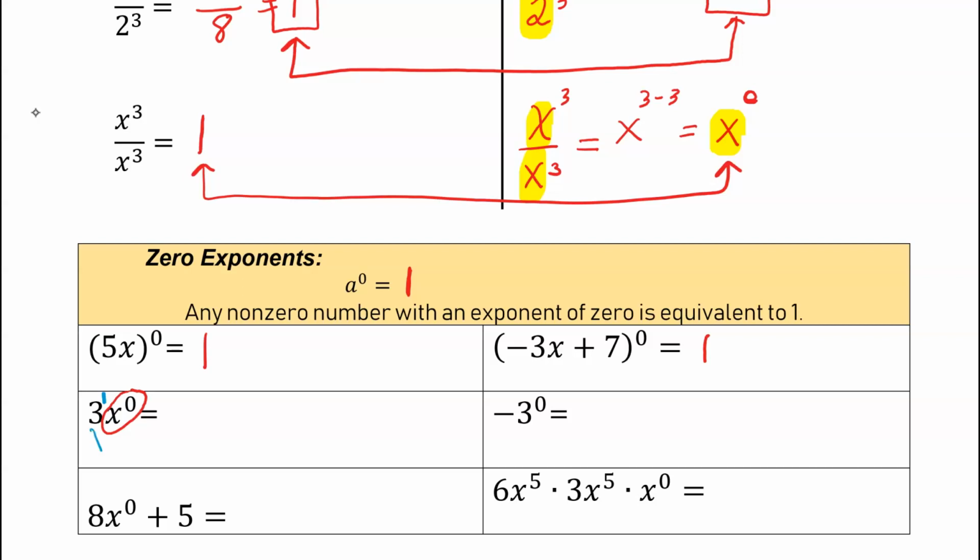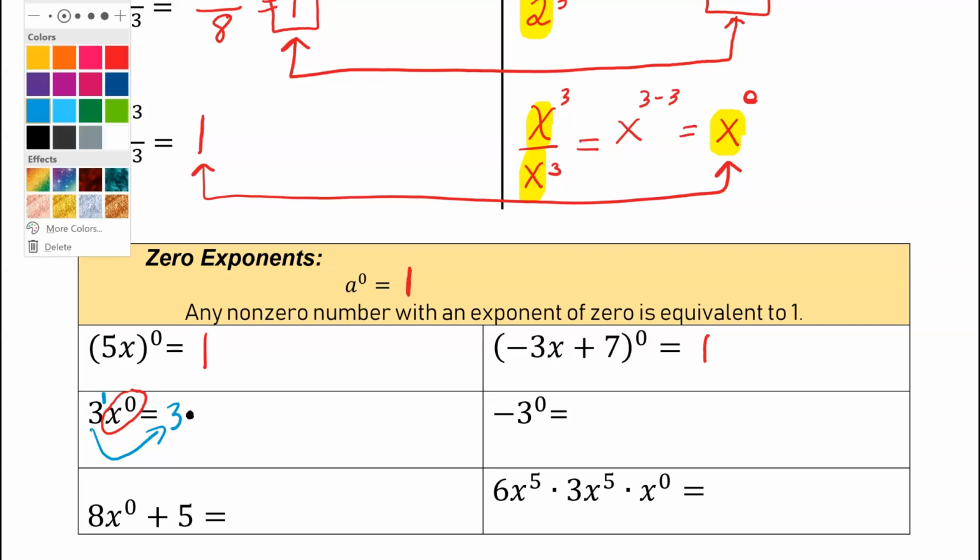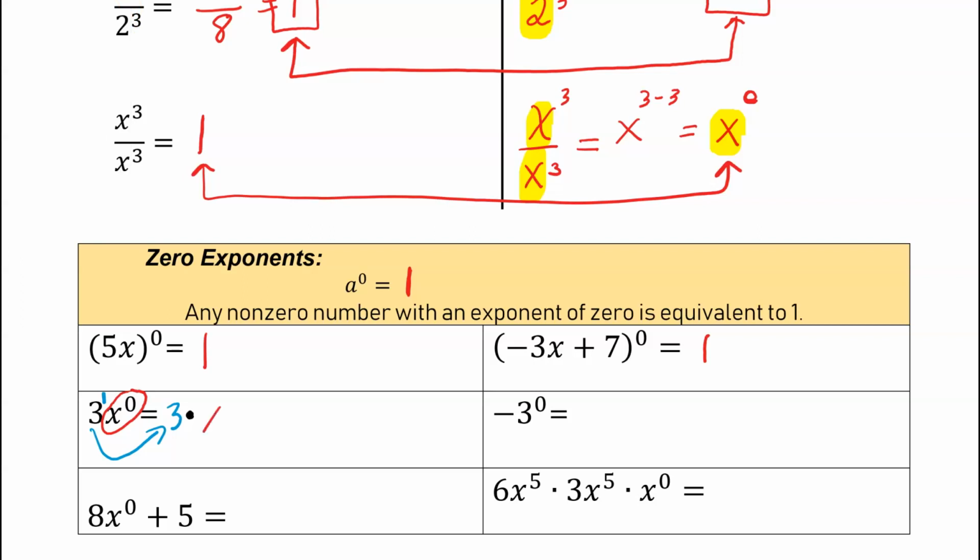So what you really have is 3 times x to the 0, which equals 3 times 1, which equals 3. So the answer is not 1 for that particular problem.